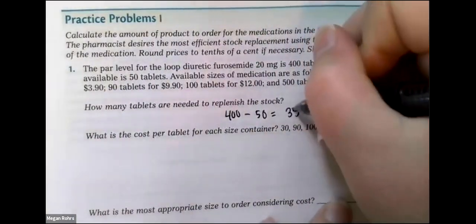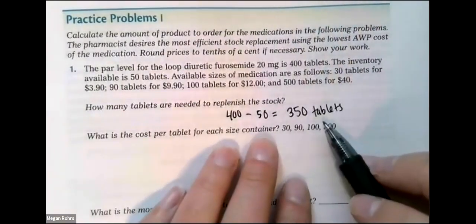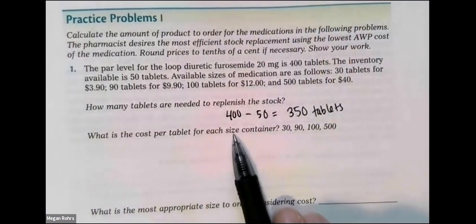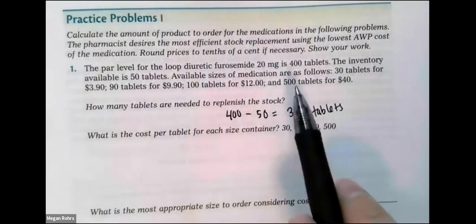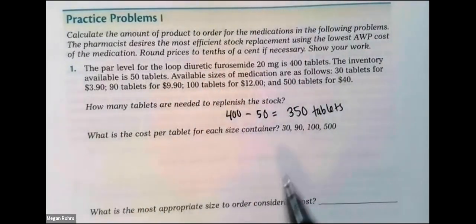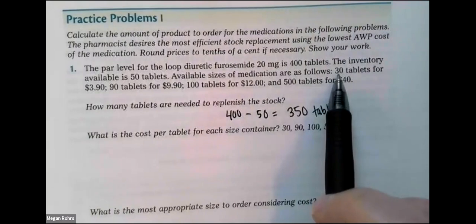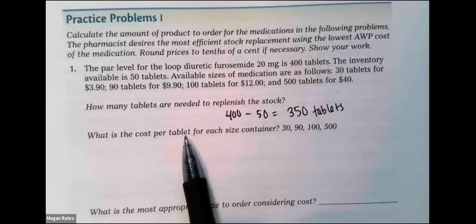So we need to reorder 350 tablets. Now it says, what's the cost per tablet for each size container? We have all of these different containers available. The reason we're going to figure this out is to see what would be the best deal for us to get. So if we have 30 tablets for $3.90, they want the cost per tablet.